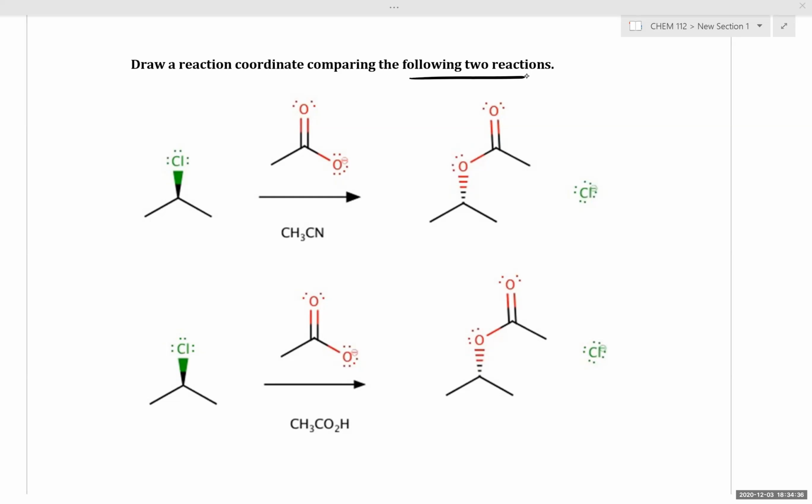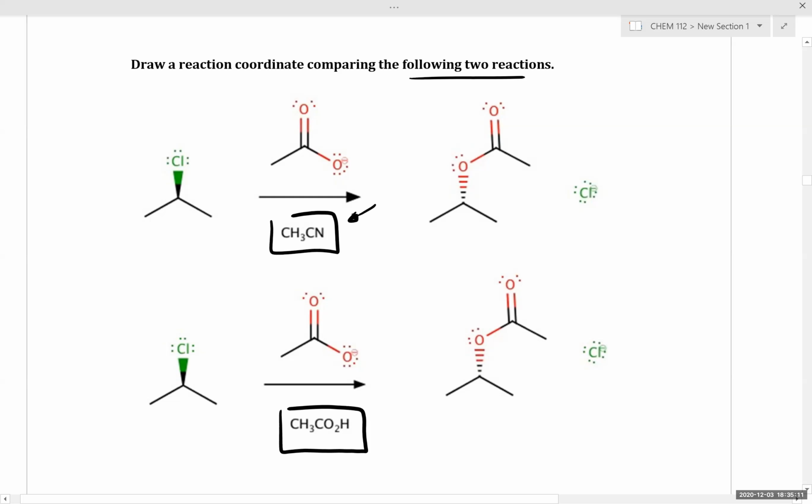So we have students typing the solvent, exactly right. So let's classify our solvents. CH3CN, otherwise known as acetonitrile. My question to you is, is acetonitrile protic or aprotic?